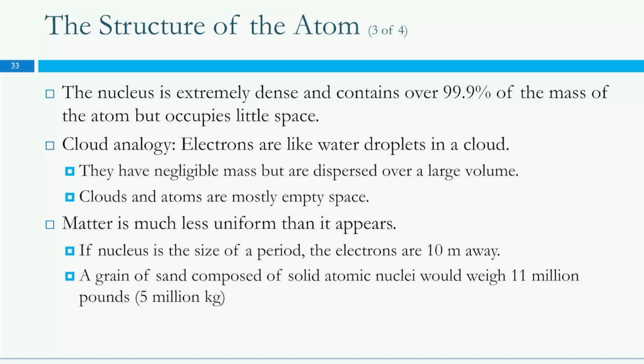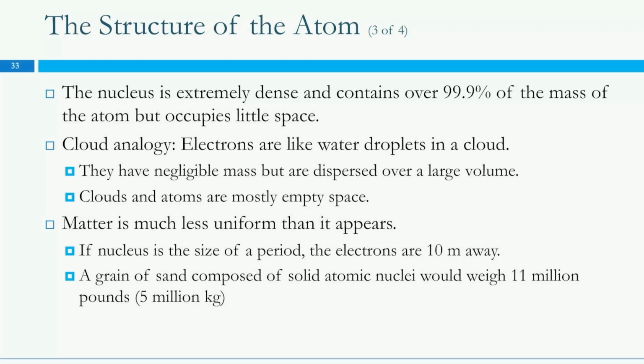And yeah, the electrons have negligible mass, basically meaning we don't count the mass. It's so small, barely matters. And so they're mostly empty space. And because of that, matter is actually less uniform than it appears. So if you could zoom in far enough on something with a microscope, you'd see this space in between the nuclei.